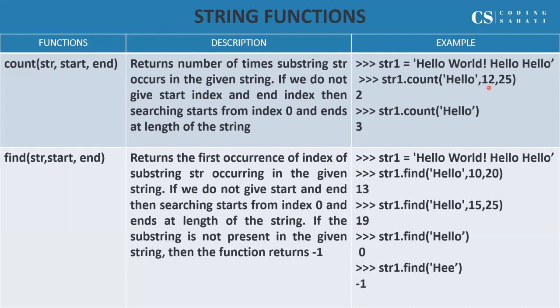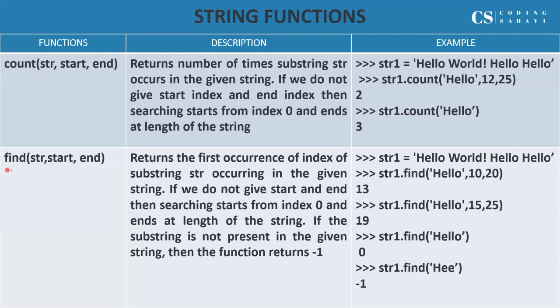If you are not giving the start and end and you are simply giving str1.count("hello"), it prints how many times that word is there in that particular string. So str1.count("hello") is giving 3 because we have 3 times this hello in our sentence. Okay, so that is our count function.